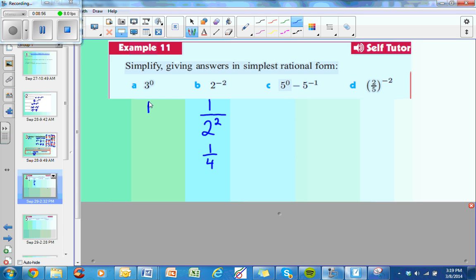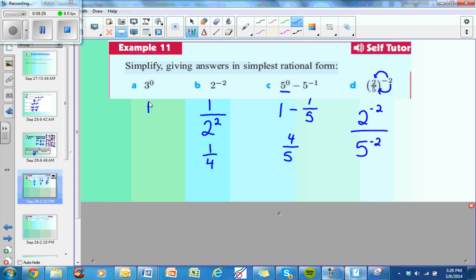I'm pretty sure it will agree with me. This one, 5 to the 0 minus 5 to the negative 1. Any number to the power of 0 is 1. And 5 to the negative first is 1 divided by 5. So 1 minus 1/5 is 4/5. And this one is one of my favorite uses of a negative exponent. Remember that we're going to distribute that to both here and to here. So I get 2 to the negative second over 5 to the negative second.